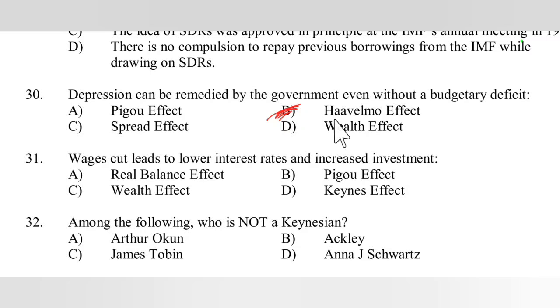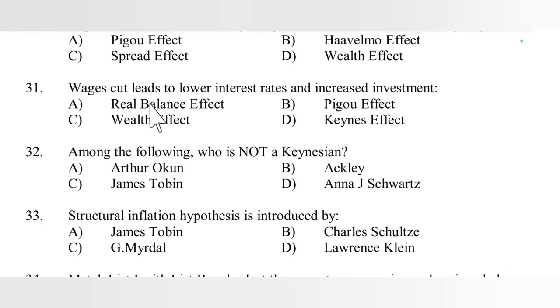Then question number 31. Wages cut leads to lower interest rate and increased investment. When we cut wages, it lowers the interest rate and increases investment. It is called as real balance effect, PYQ effect, wealth effect or Keynes effect. It is called as Keynes effect, because the Keynes effect refers to the idea that lower wages lead to a fall in prices, which increases the real money supply. This in turn reduces interest rate and stimulates investment, ultimately increasing aggregate demand.